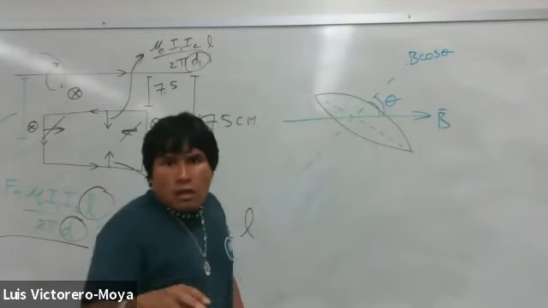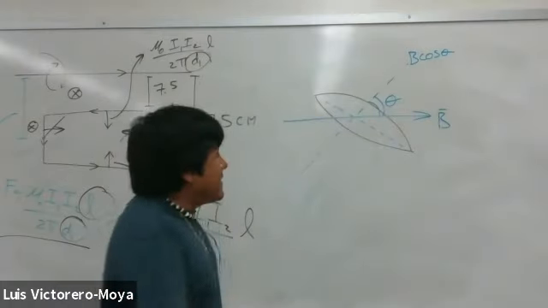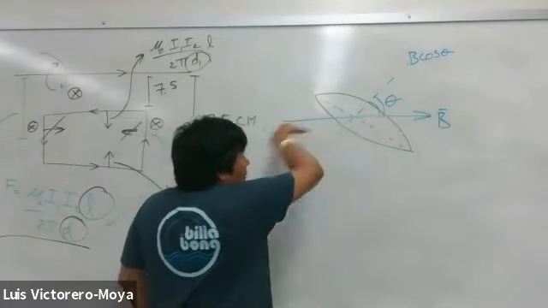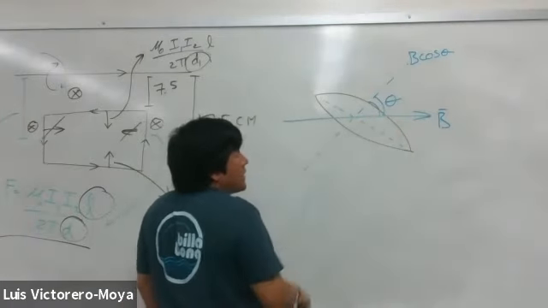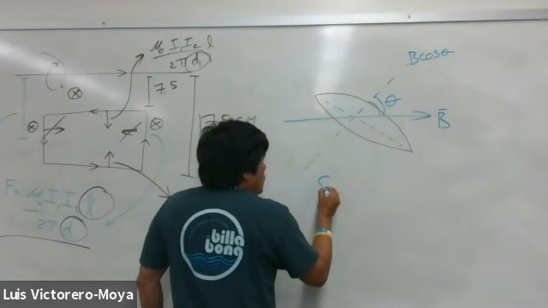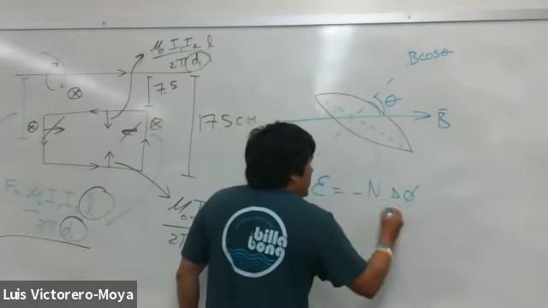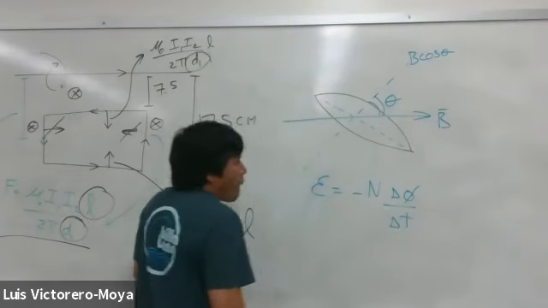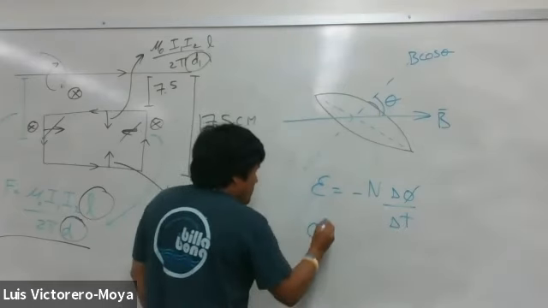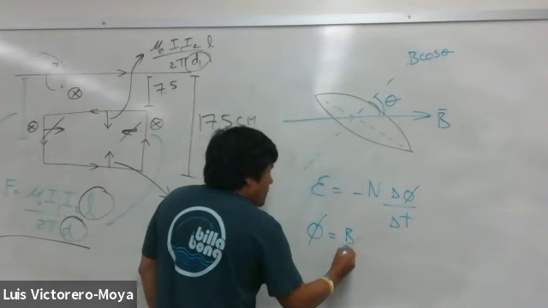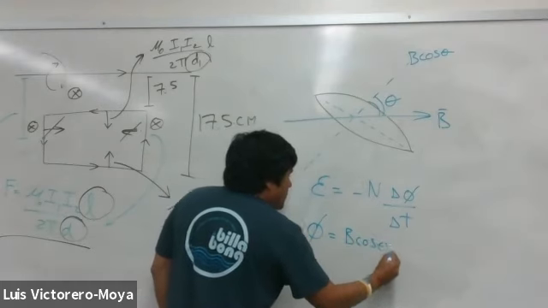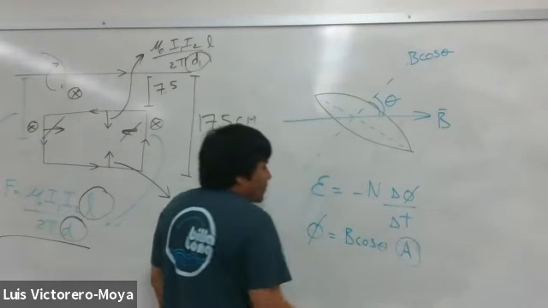Now, B was decreasing. So the flux was decreasing. That's what you have to do to find the EMF. But remember, this was B cosine theta times the area. The area was constant.